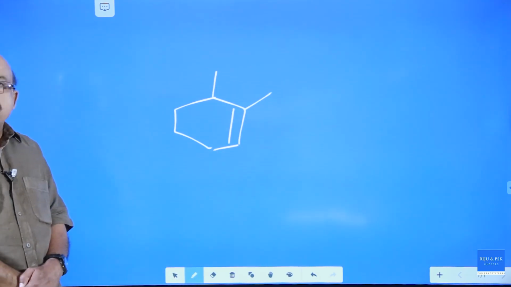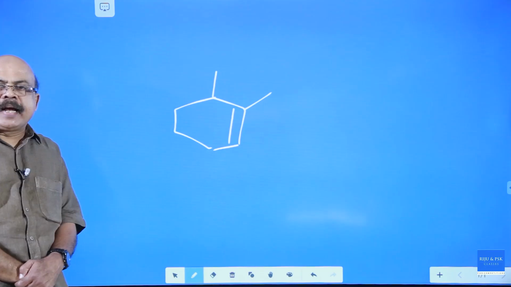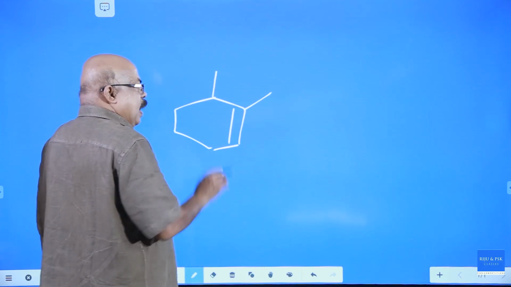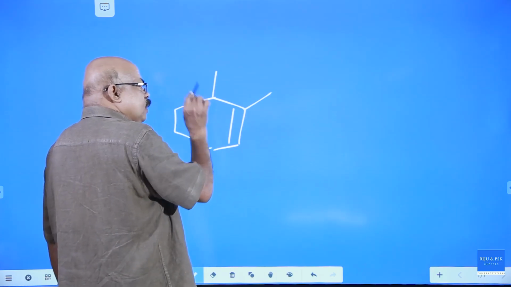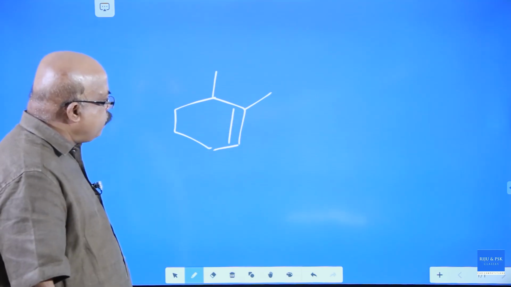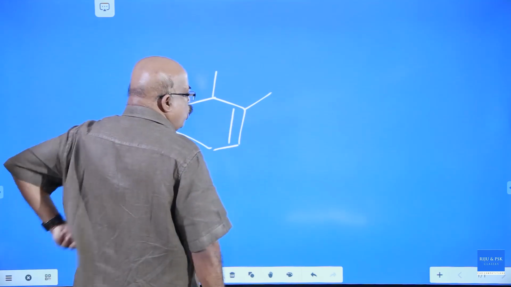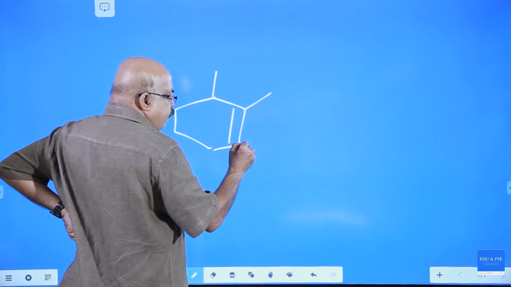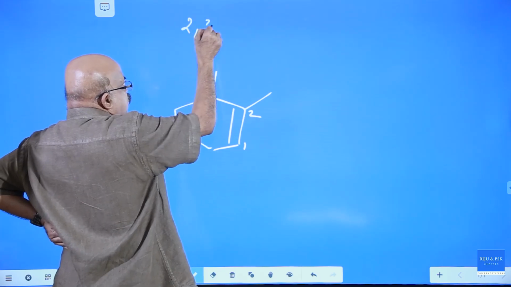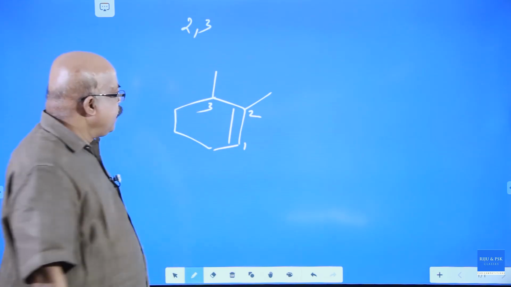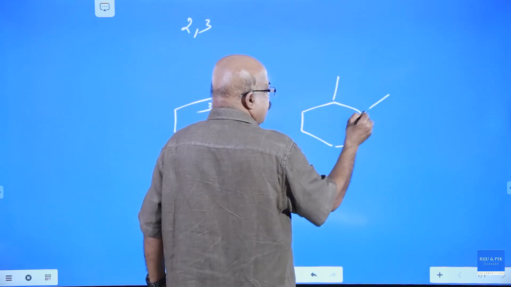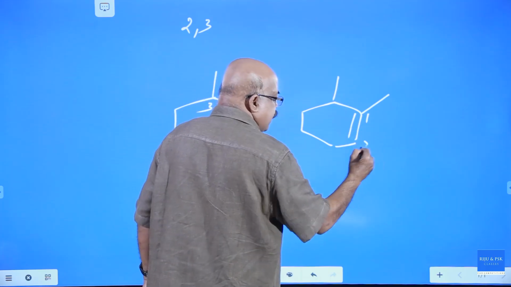This is dimethyl substituted cyclohexene. Just listen very carefully. If this is the molecule which is to be given for naming, then you can name the molecule either in this way, where you will get 2, 3 as locants, or you can name this molecule in this direction.